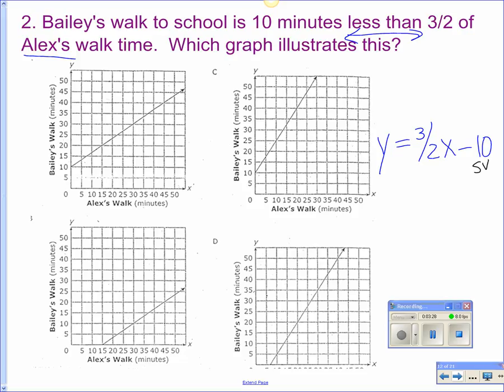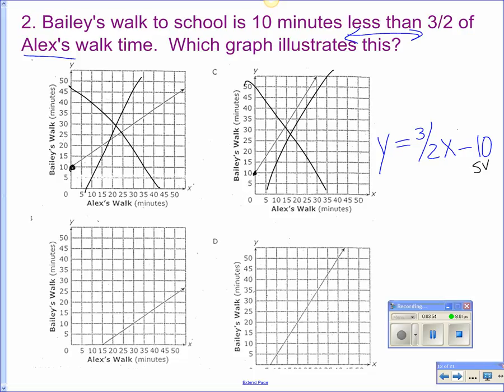Let's look at A. Does this start at negative 10? What's this? That's positive 10. So that does not work. I'm going to jump over here to C. Does that start at negative 10?